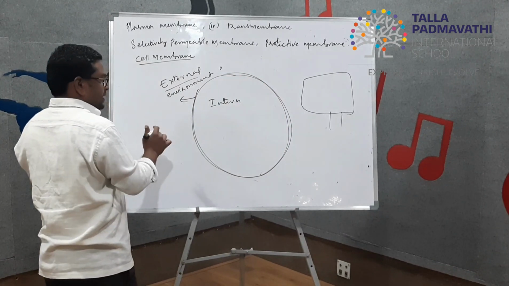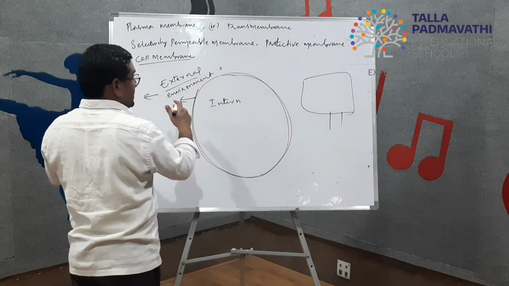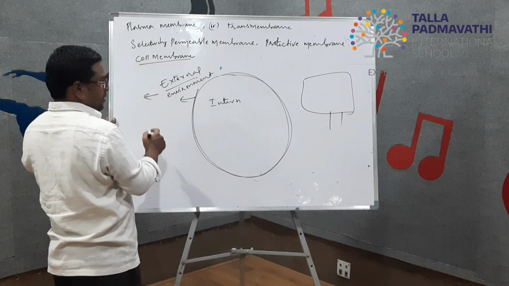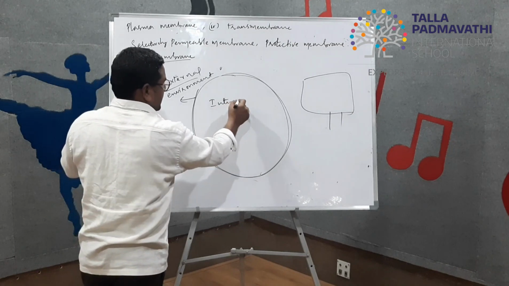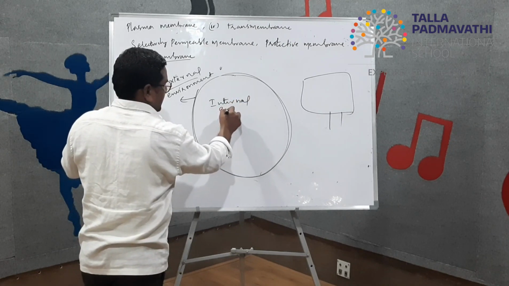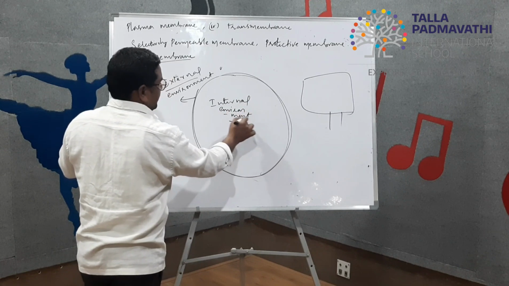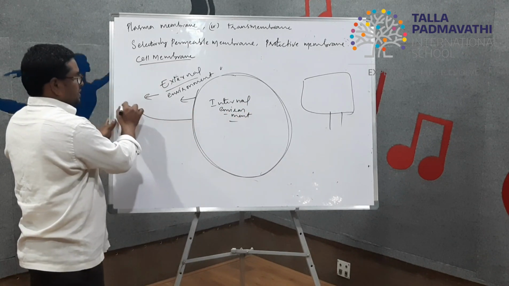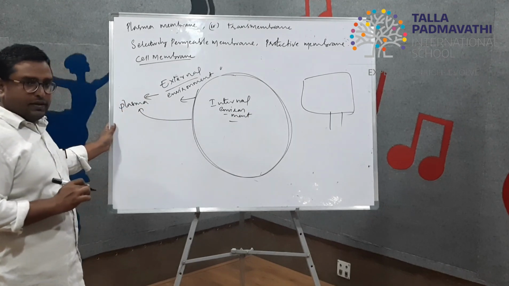The cell membrane separates the cell from the external environment. The external environment of the cell is separated from the internal environment by the plasma membrane, or cell membrane.